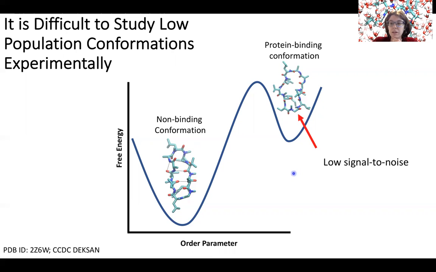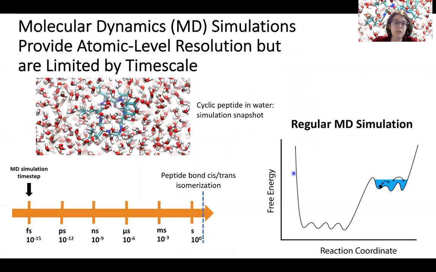Another way to try to attack this is with computer simulations. In particular, I'll be talking about molecular dynamics, or MD simulations. MD simulations are great in that you can have every single atom in your system of interest represented, and then you can propagate them with Newtonian dynamics. This includes both your cyclic peptide and the surrounding solvent.